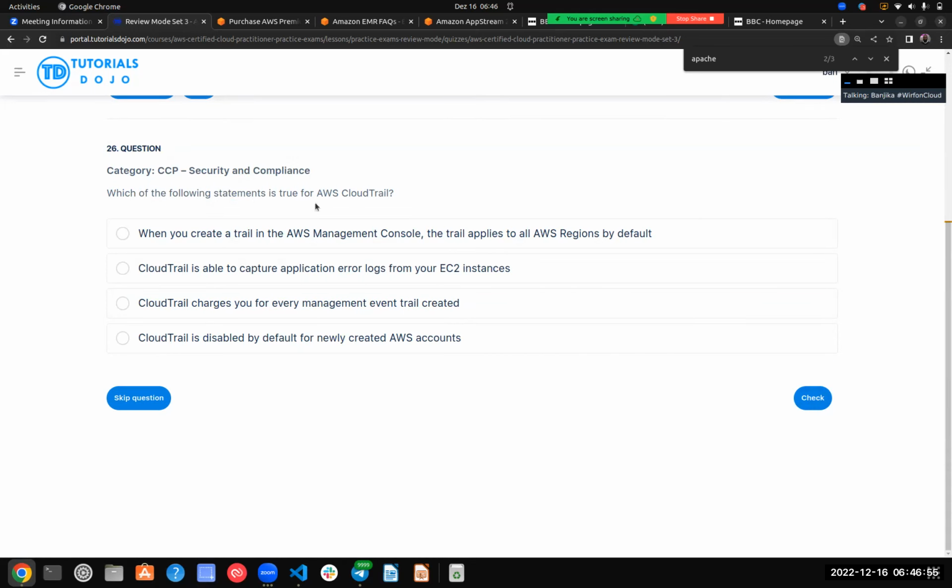Which of the following statements is true for AWS CloudTrail? So just ask yourself, what is CloudTrail? And I should also ask, what is true about it?